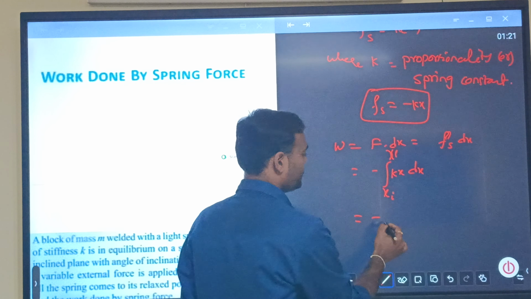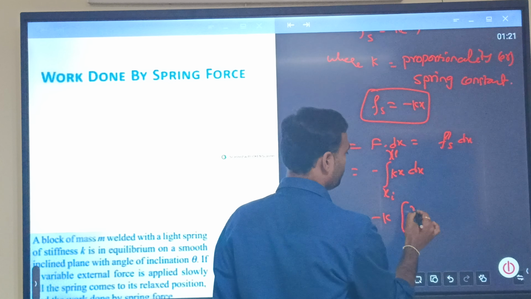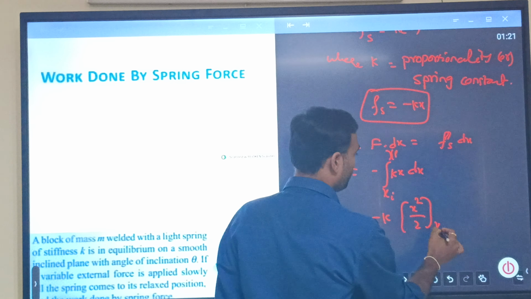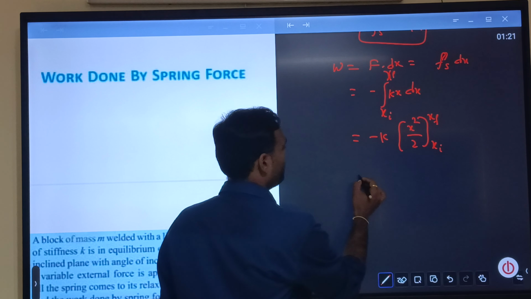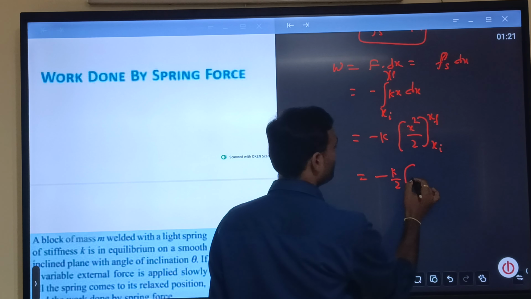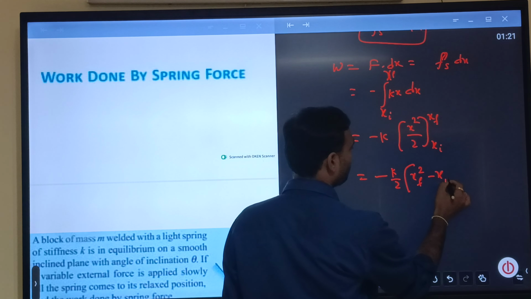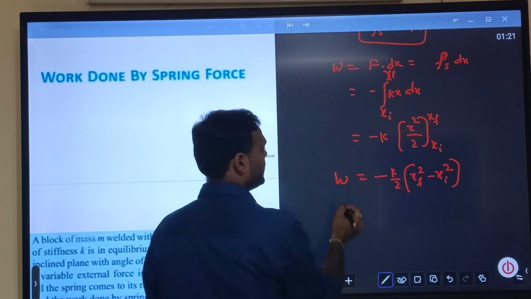So it becomes minus k times x square by 2 from xi to xf, which gives minus k by 2 times (xf square minus xi square).